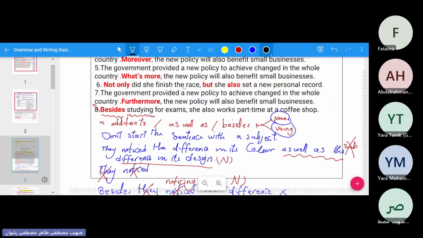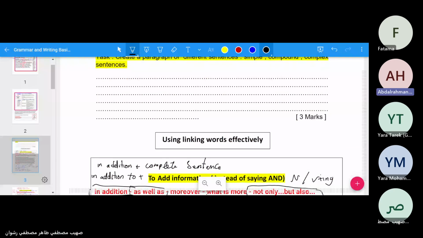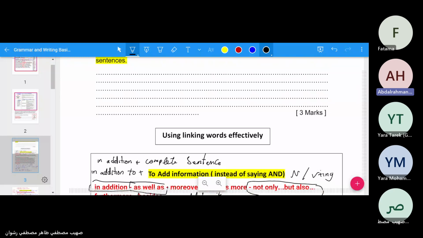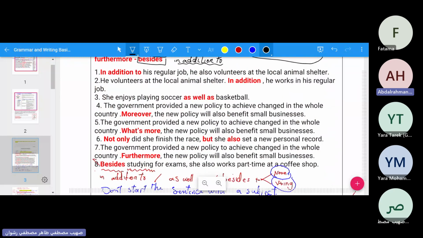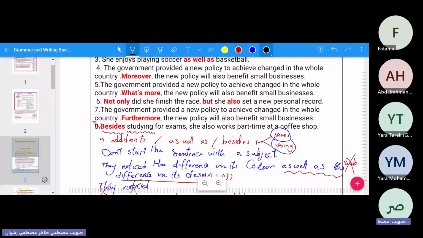The last one, not only but also. Is it noun or verb and ing, or can it be noun and verb and ing? How can I combine them? For example, you said noticing something in the example below. Besides used noticing. What kind of word is noticing? Verb and ing. Yes, noticing the difference.